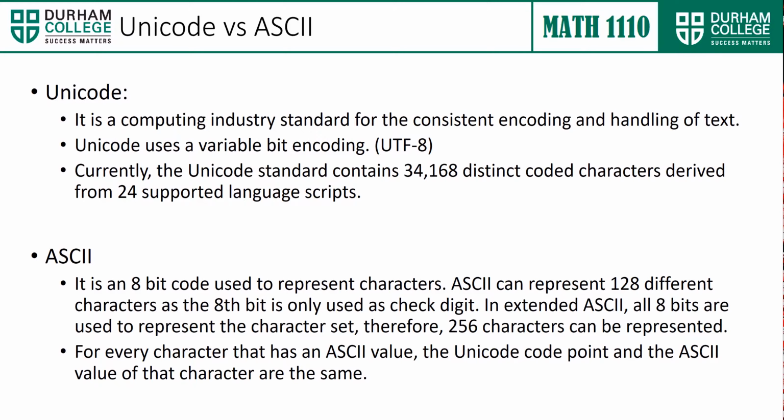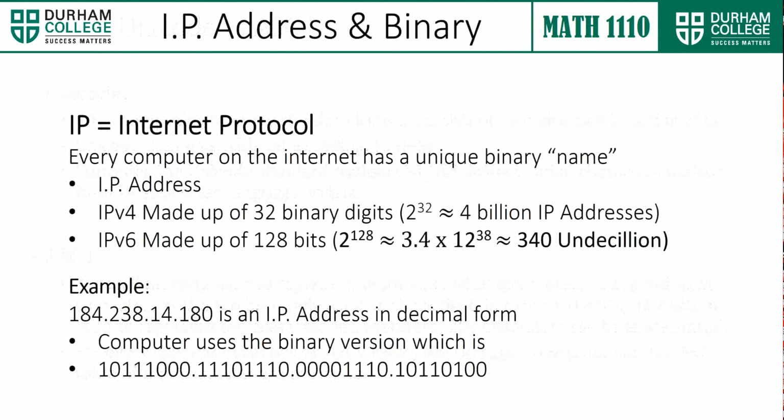All right, so we are pretty much done with the different kinds of encodings, but I thought it would be interesting to also include IPs here. If you know what an IP is, it stands for Internet Protocol, and it's basically an address for every device that's on the internet.